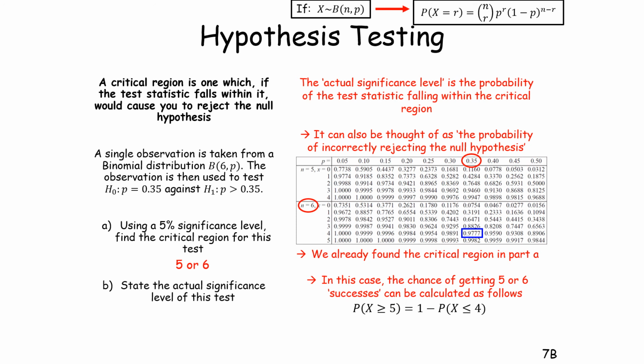The probability of X greater than or equal to 5 is 1 minus the probability of X less than or equal to 4. So P(X ≥ 5) is 1 minus 0.9777, which gives us 0.0223. So the actual significance level, we would say, is 2.23%. It's important you understand the difference between the critical region and the actual significance level.